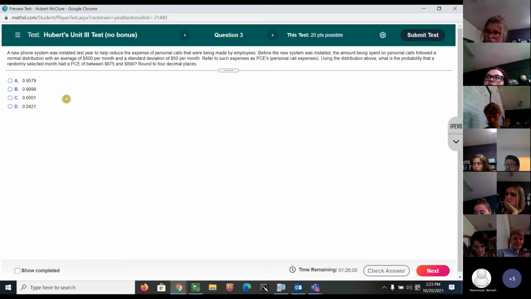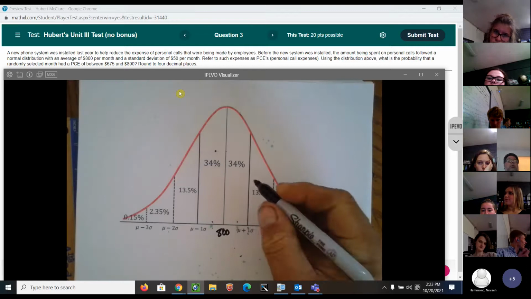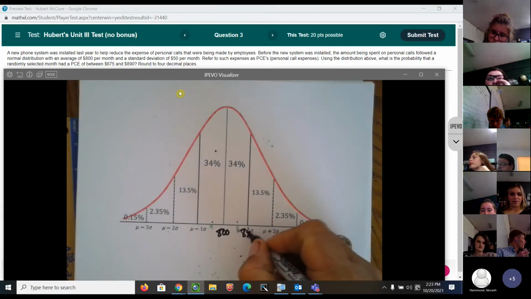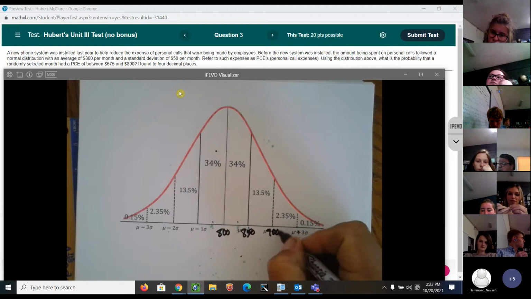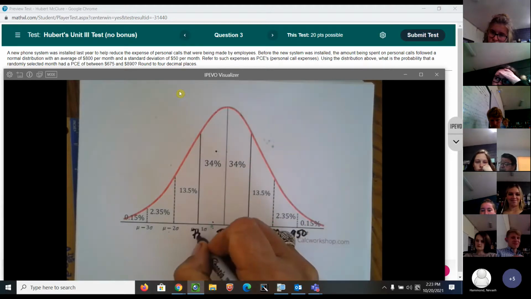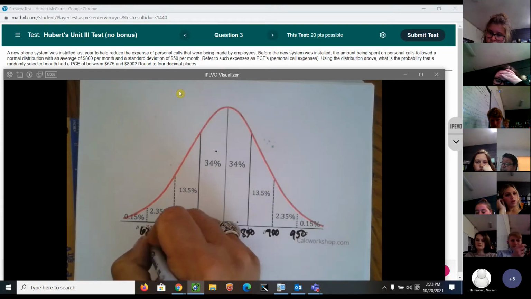So I've got to use my handy dandy $800 with a mean of 50. So that's going to be 850, 900 and 950. That's going to be 750, 700, and 650.